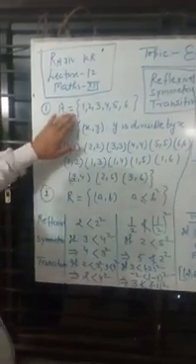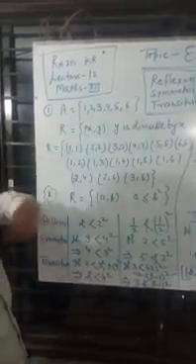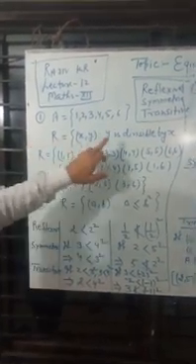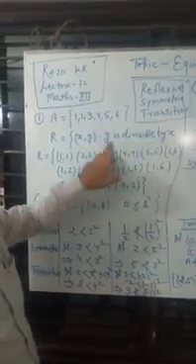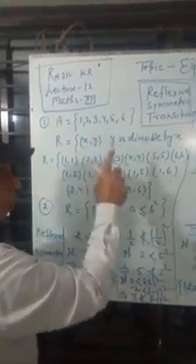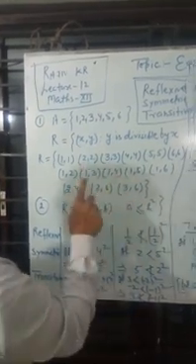You are given a problem: a set A having elements 1 to 6. The rule of the relation is y is divisible by x. That means the second element of the ordered pair is divisible by the first element.